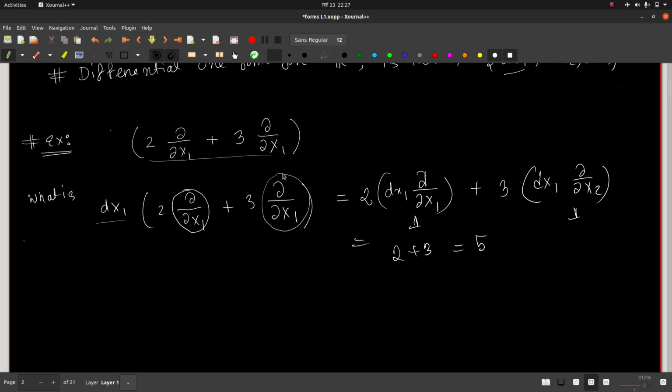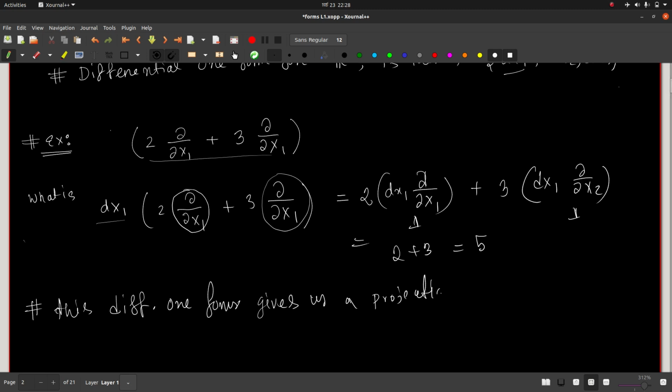In fact, that is the more correct way to think of it. So these differential one forms give you a projection on the basis of the tangent vectors.